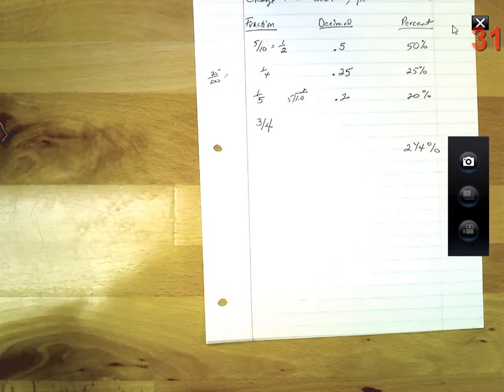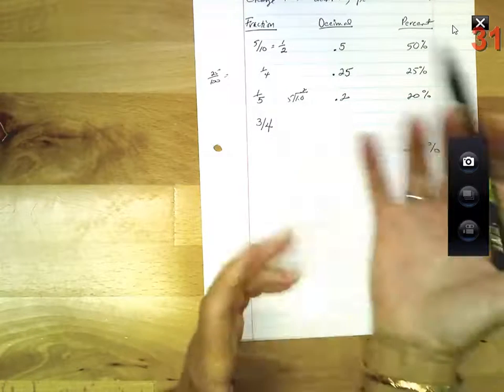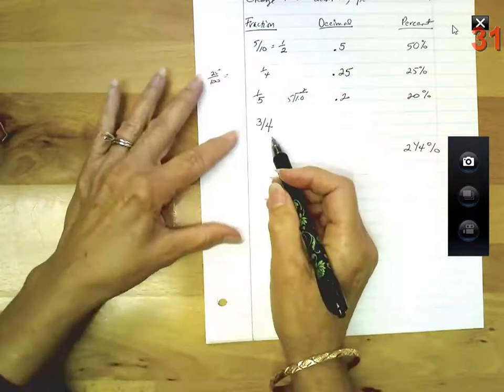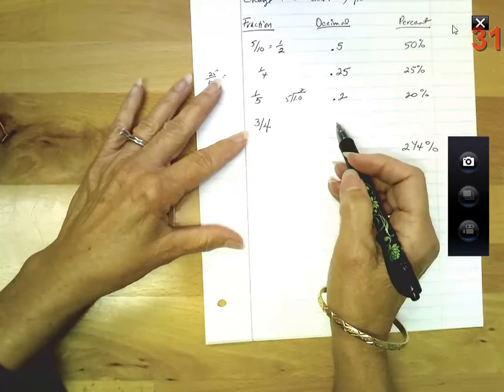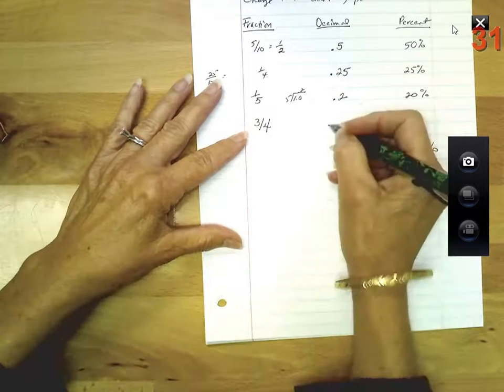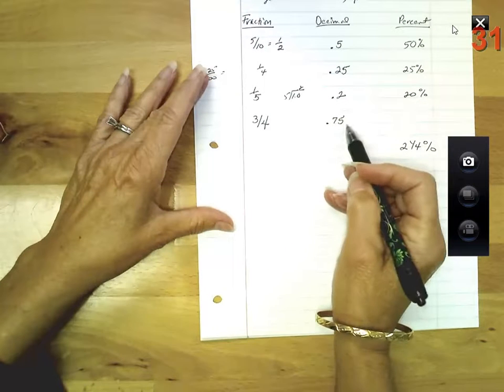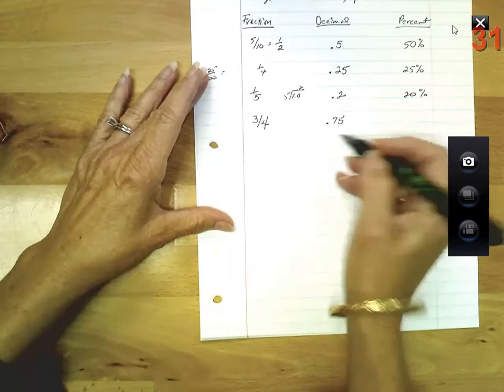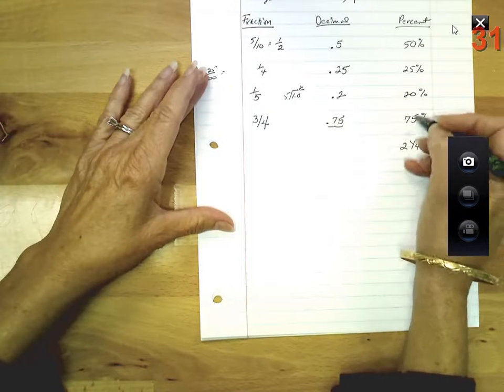So all of these you should pretty much have memorized by the time you're the age that you are. Okay, so 3/4 as a decimal is what? 0.75. And that is the same thing as 75 hundredths. So to make it a percent, you move it 2 places, 75%.